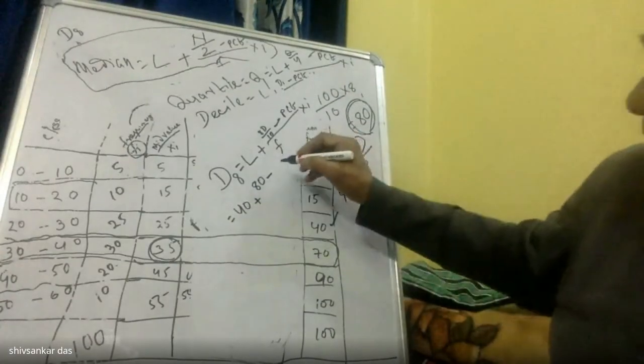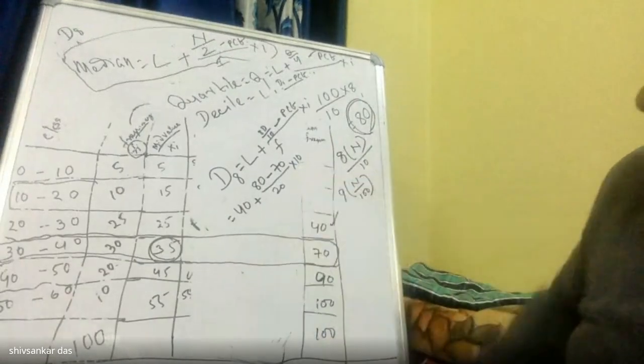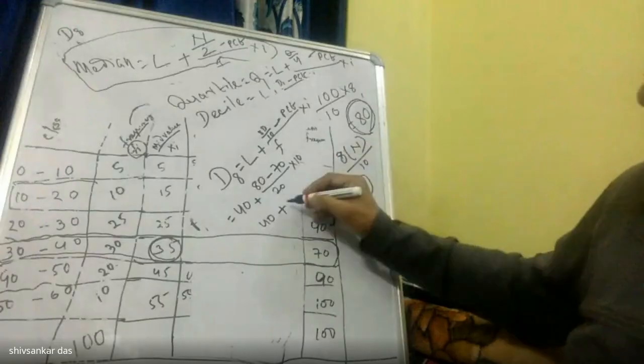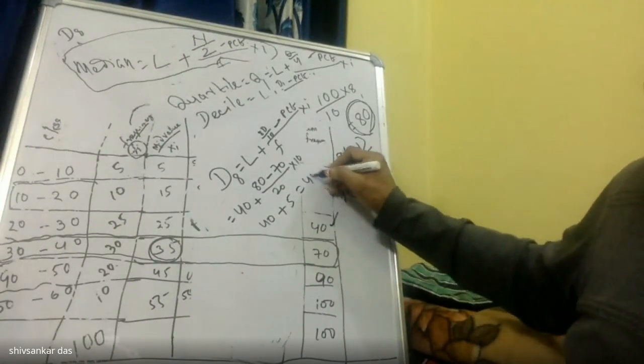So that is 40 plus 10 by 20 into 10, which is 40 plus 5, equal to 45.